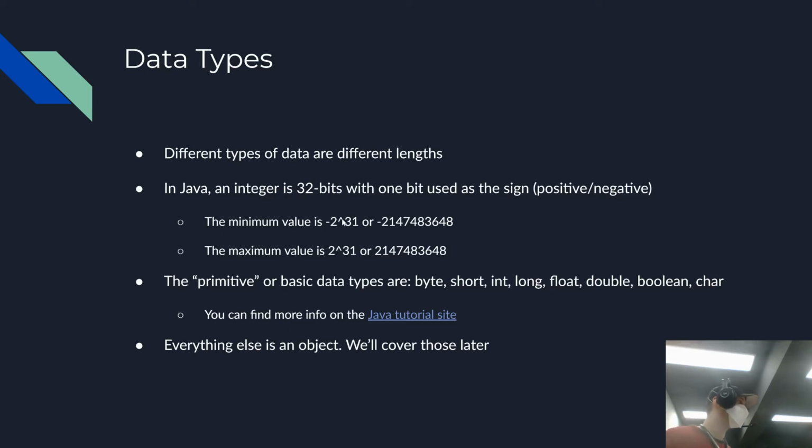Yeah, what's up? An integer is 32 bits, I think. The minimum value? Not 2 to the 31, because you have the 32 digits, and then you're removing one digit.